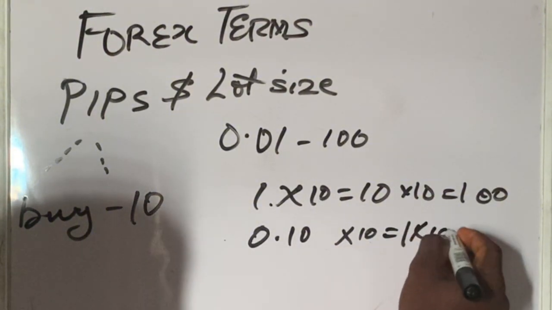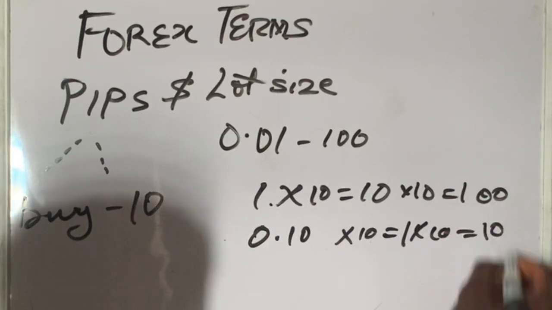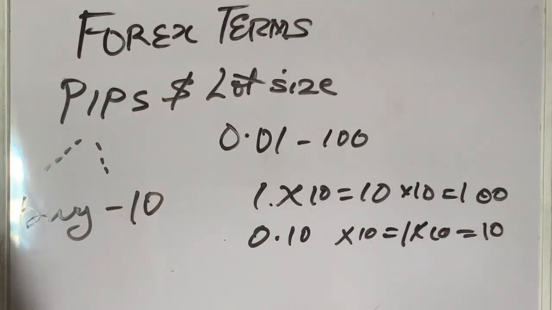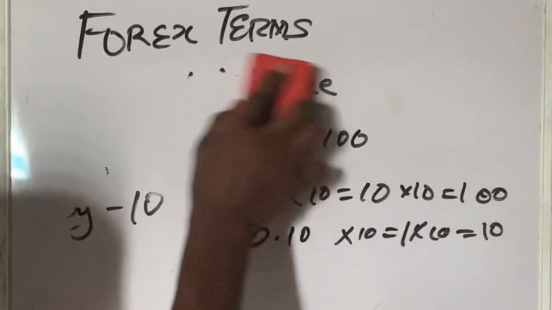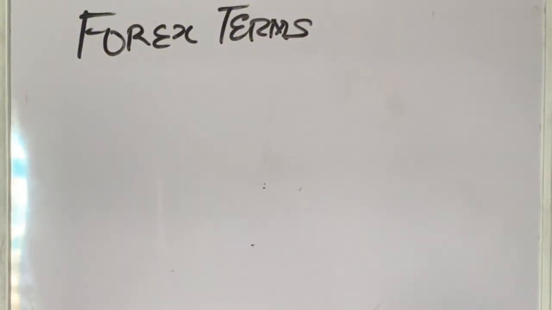Let's say times 10 again, that is $10. That is the amount you are going to be making or losing on that trade. Hope you guys understand this. If not, let us know in the comment section. So let's go on to the next one and explain it a bit.